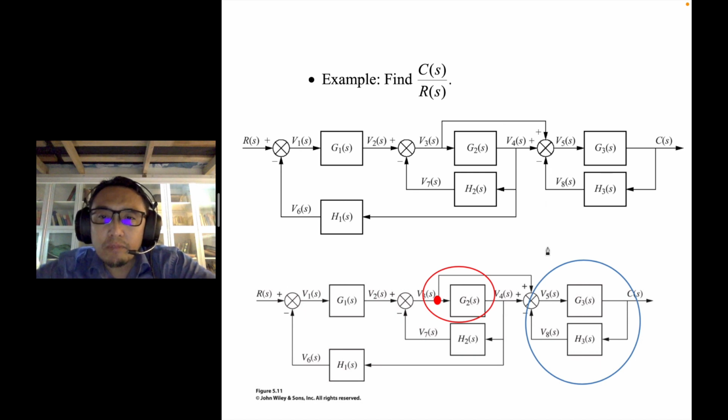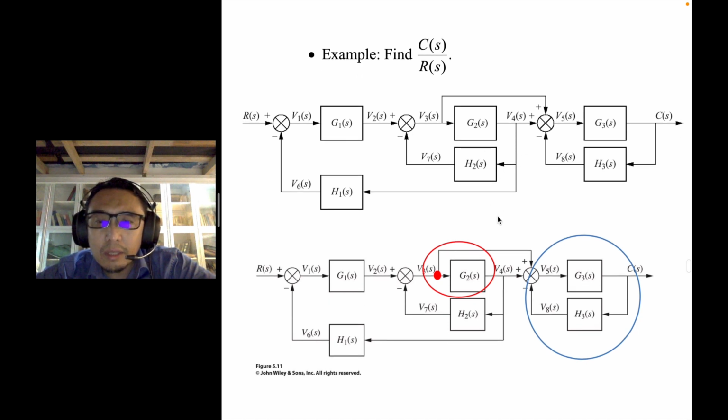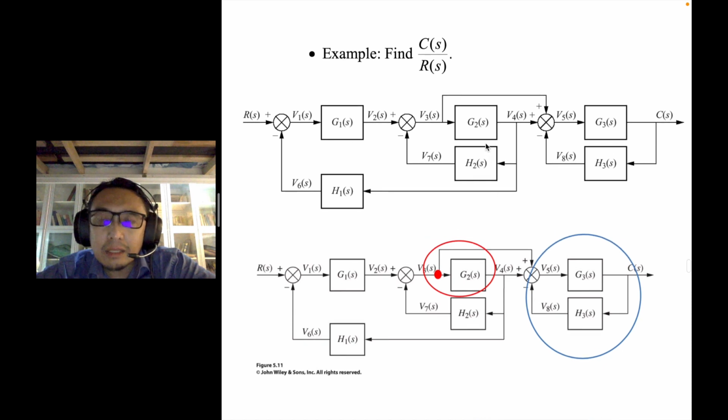The feedback and the cascade and series forms are not really clear initially. Although you can see, as I've outlined in the blue circle, that there's actually a feedback form inside. And then the rest looks not obvious. So that's why this requires practice.